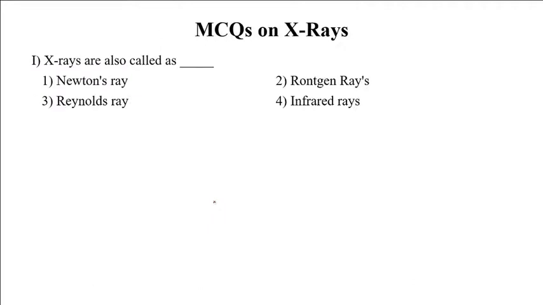So let us see some multiple choice questions on X-rays. First question, X-rays are also called as option Newton's ray, Röntgen ray, Reynolds ray and infrared ray. Since we know that X-rays are discovered by Röntgen, X-rays are also called as Röntgen rays.